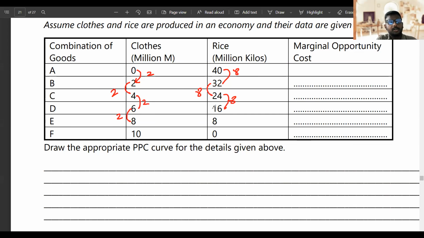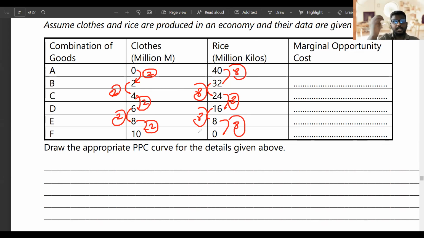Increased by 2, decreased by 8. Increased by another 2, decreased by another 8. Every time you produce 2 units of clothes, you are losing exactly 8 units. Whereas earlier it was 1, 2, 3, 5, 7, here it's 8, 8, 8, 8, 8. You see, the change is constant.